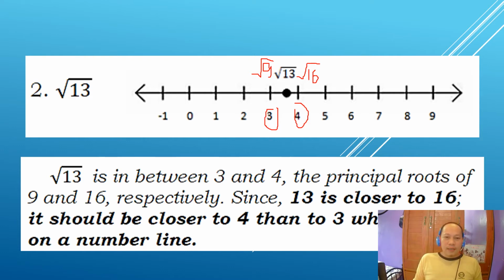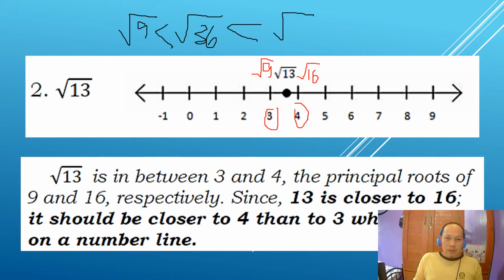So, kasi nga, di ba, ang square root of 13 is greater than square root of 9, but square root of 13 is lesser than square root of 16. Okay.